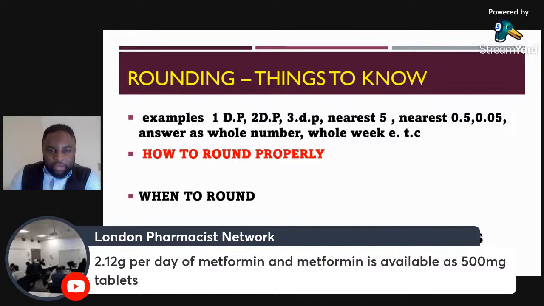Let's use the MR version, so I'm supplying the MR metformin to this patient. We've calculated how much they need, and it came to 1.12 grams. I want you to supply enough 500 milligram MR tablets for 7 days. How many are you going to supply?